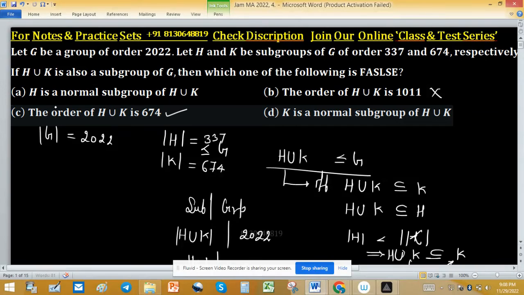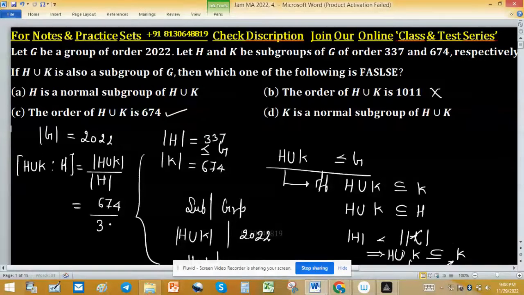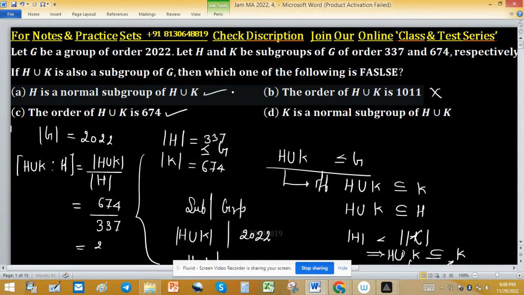Now option A is saying H is a normal subgroup of H union K. To check normality, we try to find the index of H in H union K. This is equal to the order of H union K divided by the order of H, and the order of the union is 674 divided by 337, and we are getting 2. If the index is 2, then we say that the group is normal.